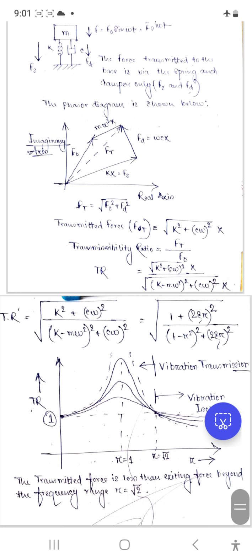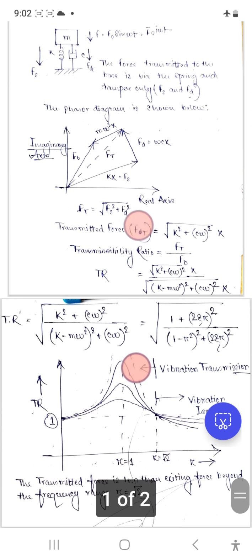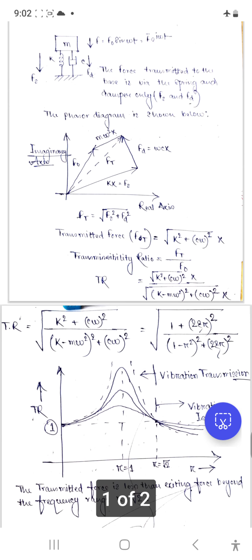In problems, you need to remember this transmissibility ratio expression only, be it transmission or isolation. This is not a very complex relation, so you can definitely remember it.